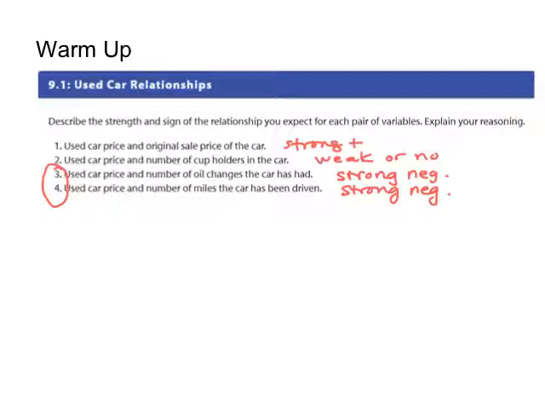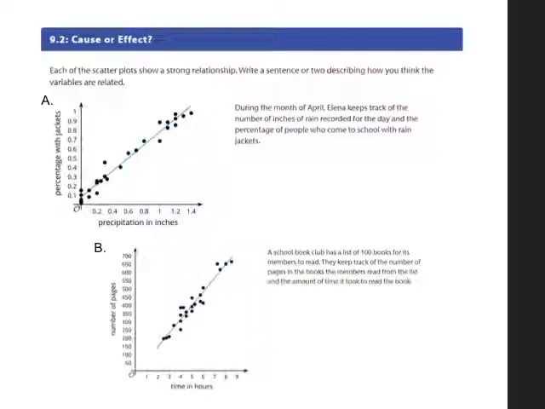You could argue in both 3 and 4 that these two have a causal relationship, in that the number of oil changes the car has had has a direct impact on the used car price, and that the number of miles that the car has been driven causes the used car price to change.